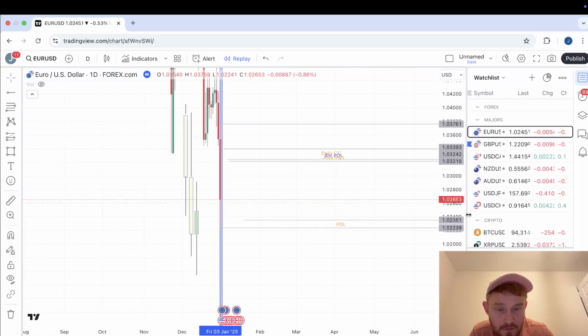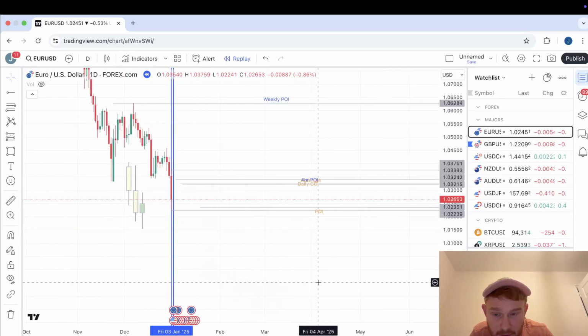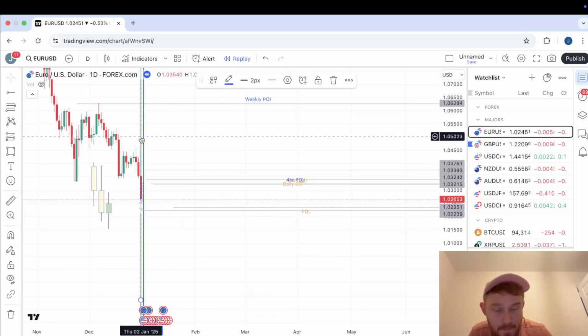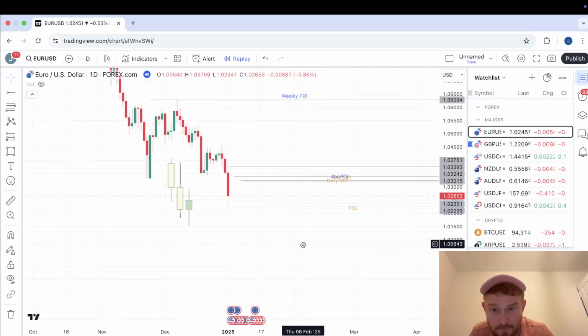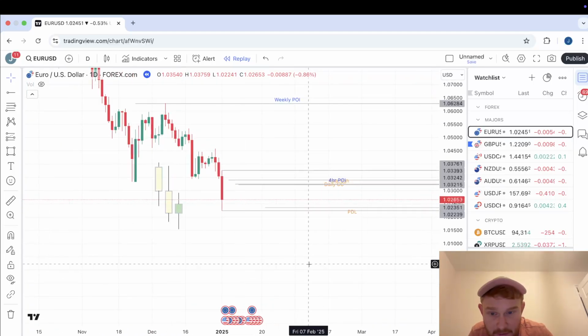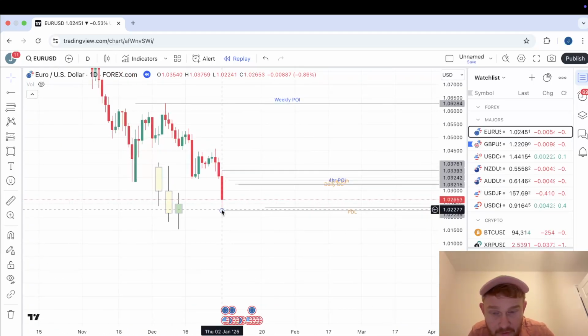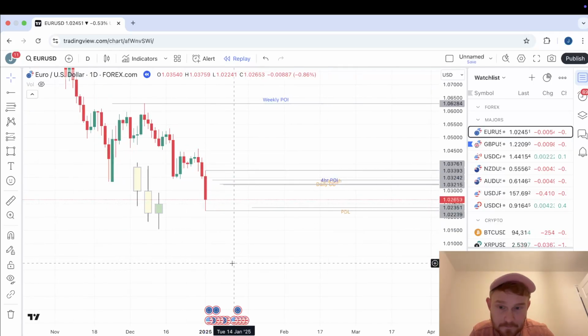Might have to remove those blue lines because that's going to get a little bit blurry. But yeah, I'm basically just looking at what the two wicks of the candles are telling me. So at the bottom wick, we've got the low of the day, and at the top wick, we've got the high of the day. And I think that's really just a breakdown of what candles are showing, to be honest.